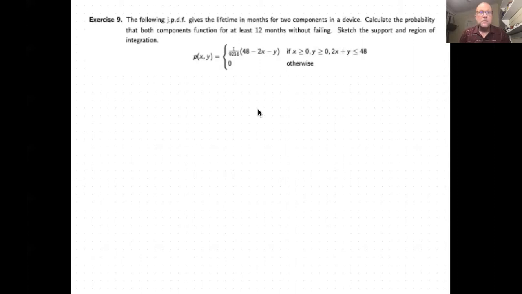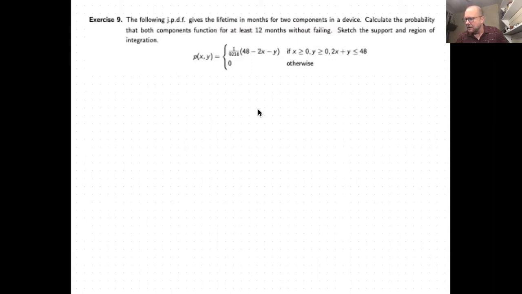All right, so the problem from your sheet is talking about the joint probability distribution function, and it's giving the lifetime in months of 2 components in a device. This is a fictional problem. It's just an excuse to have us doing math, okay?